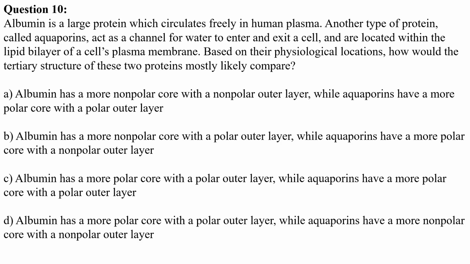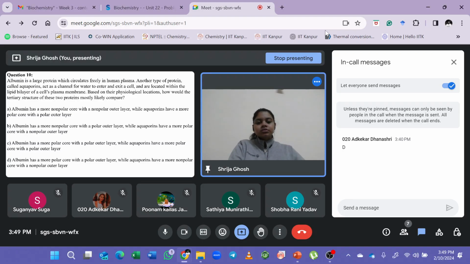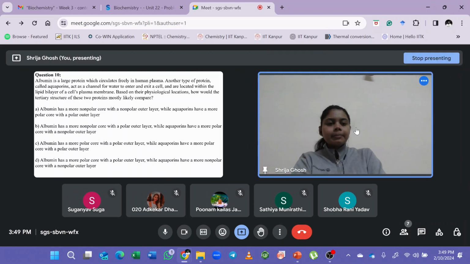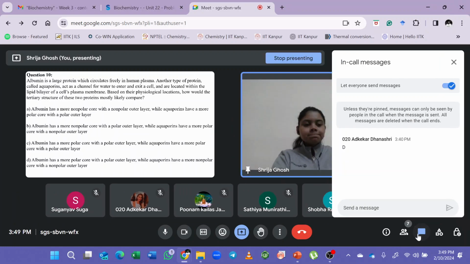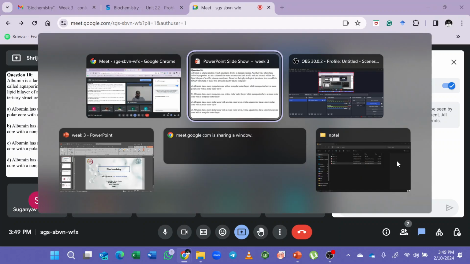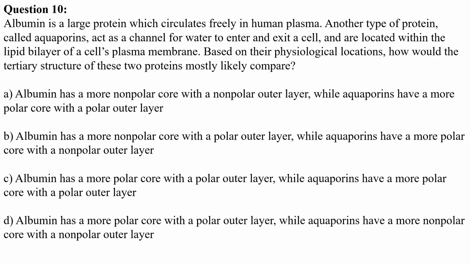Okay. So, now let's see what would be the correct answer. Anybody wants to answer? What could be the correct answer for this question? So, if you see, albumin is freely floating in the human plasma. That means albumin is in an aqueous environment.